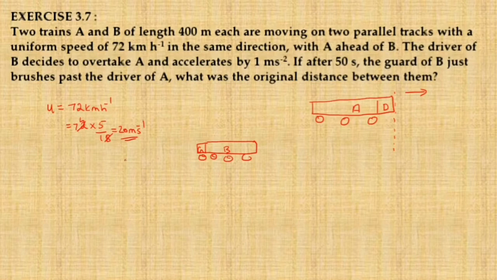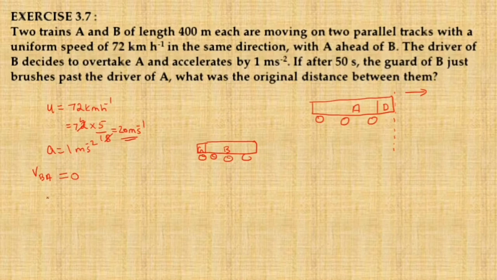So first case, the initial velocity is given and the acceleration of the second train is given, that is equal to 1 meter per second square. Initially both the trains have the same velocities. So what is the relative velocity here? Relative velocity of B with respect to A is 0.